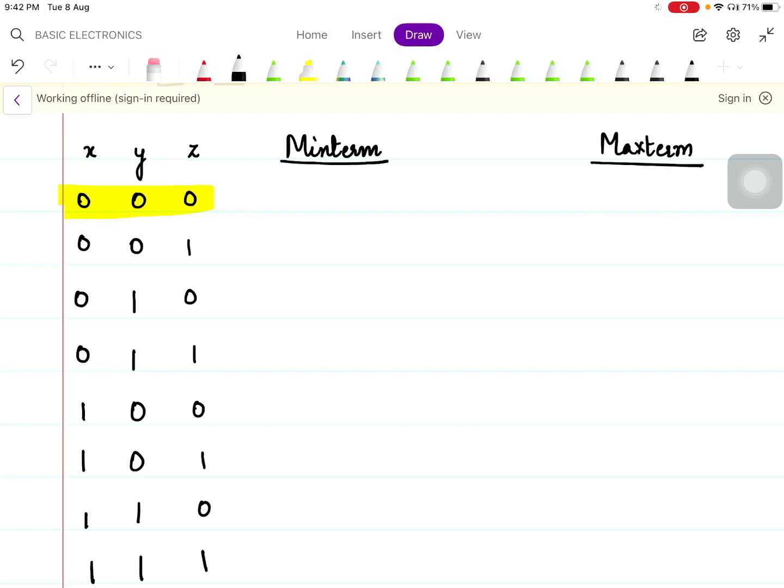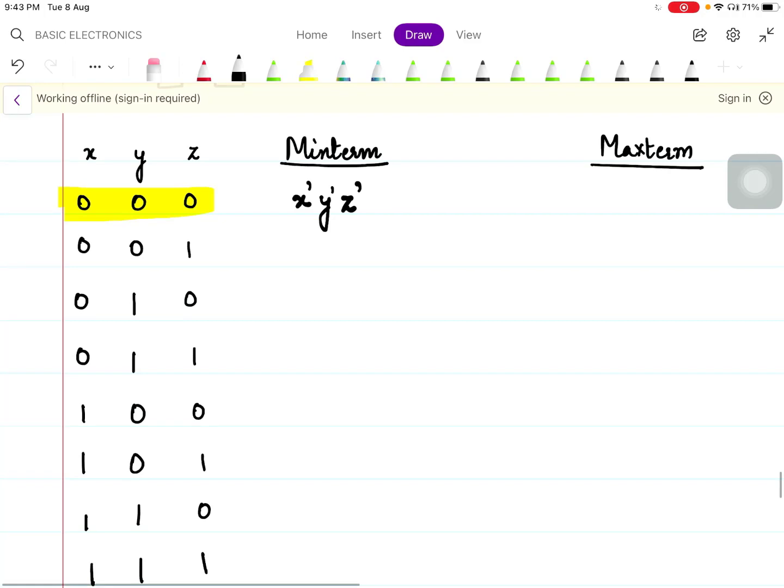For the first combination where x, y and z all are 0, I have told you that 1 is the true form in the minterm and 0 is the complement form. Because all are 0, it will be x bar, y bar, z bar. And the operation that will exist between the variables will be the product or the AND operation.